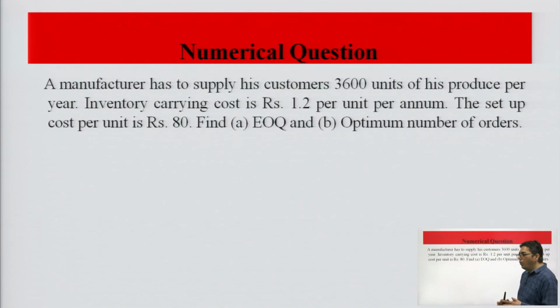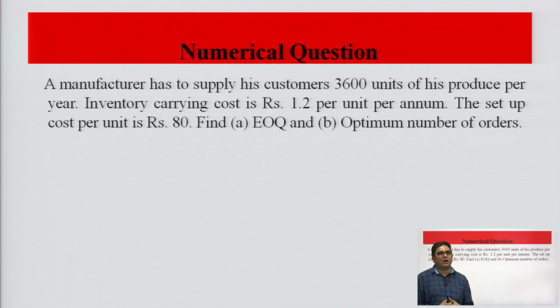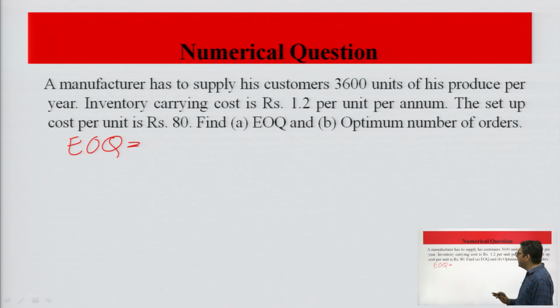Now, how can we decide the optimum quantity, which is the objective of the economic order quantity? The EOQ objective is to calculate the optimum number of goods that have to be ordered by the organization.